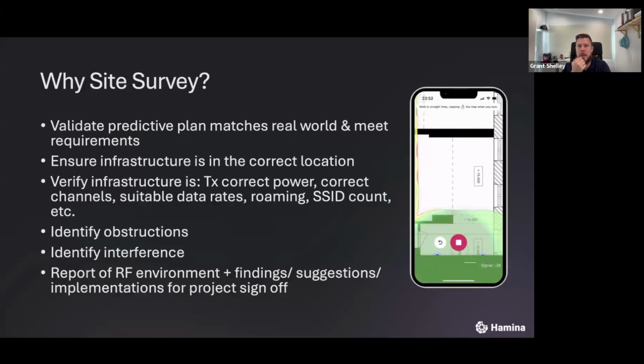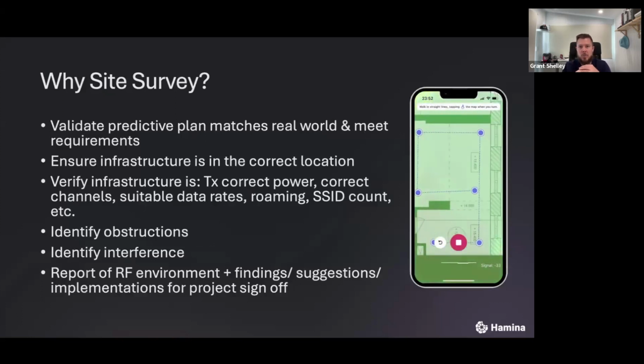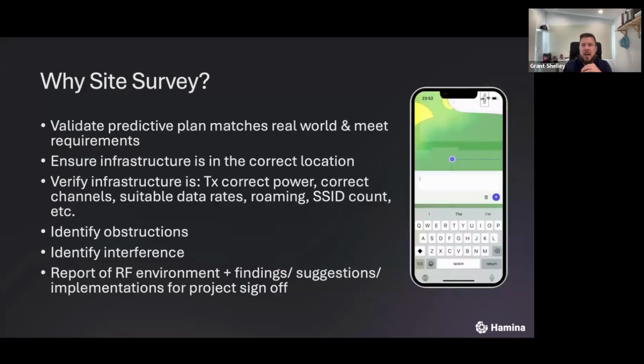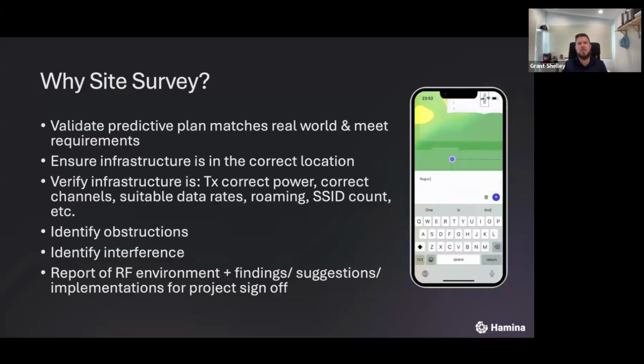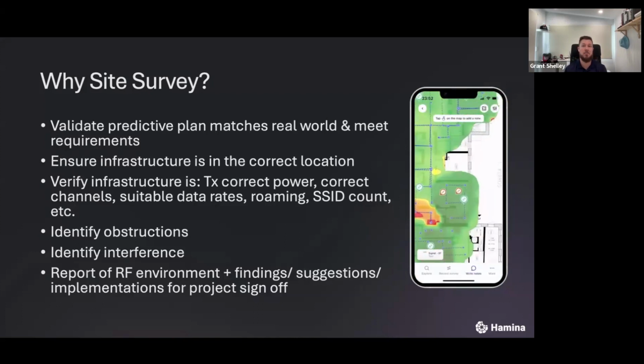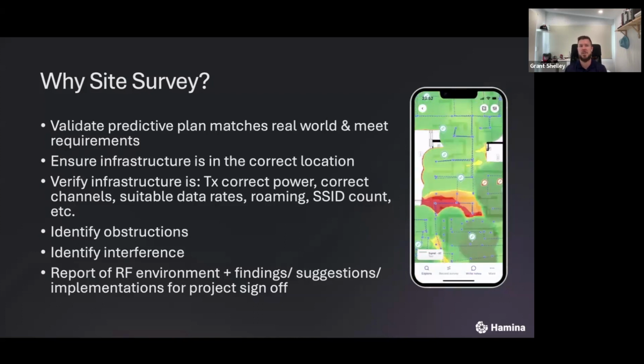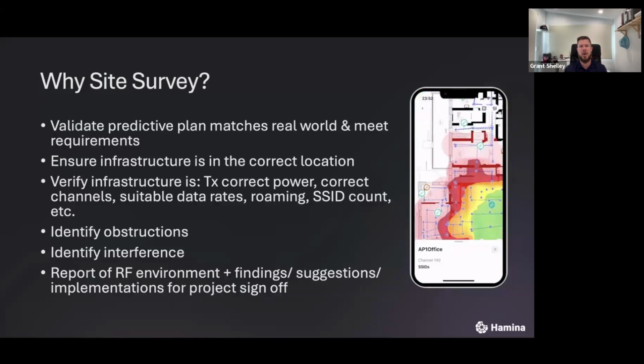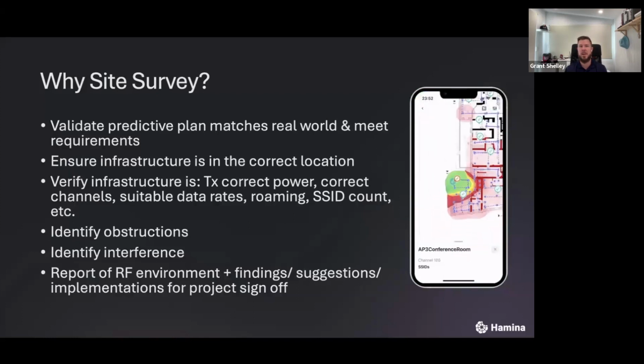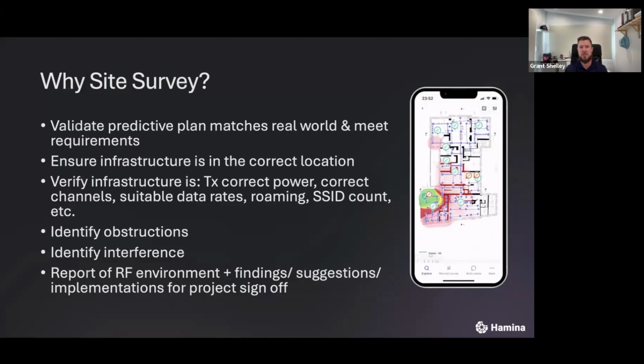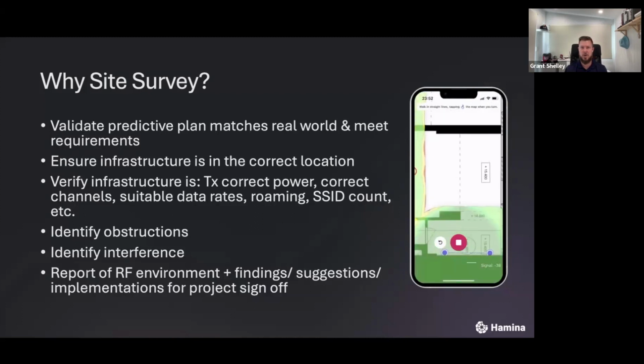So I guess the reasons of why we would want to do a site survey, and I'll throw it over to you in a minute, Chris, but I've just put a couple of dot points on there, what I think constitutes a site survey. The way that I look at it is we're looking to validate an initial predictive design. We want to make sure that it matches the real world.